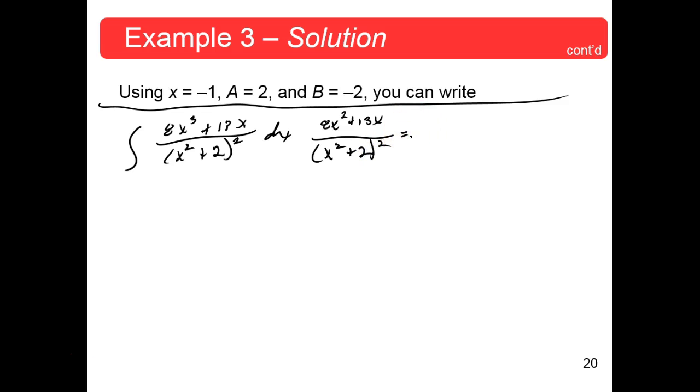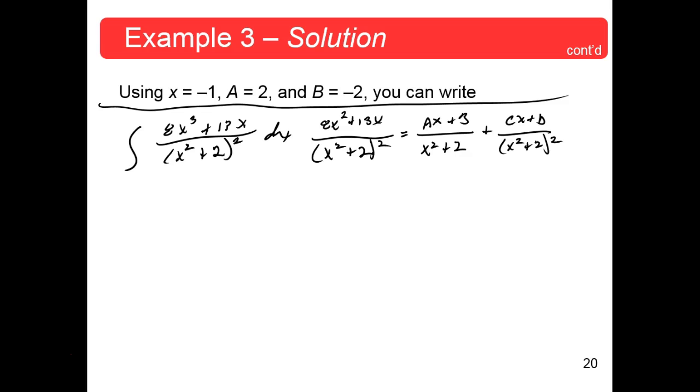Now, our first step is, because this is an irreducible quadratic, we write Ax plus B over x squared plus 2. Remember, we start with the first power, and then we do another one, Cx plus D over x squared plus 2 squared. That's our first step.